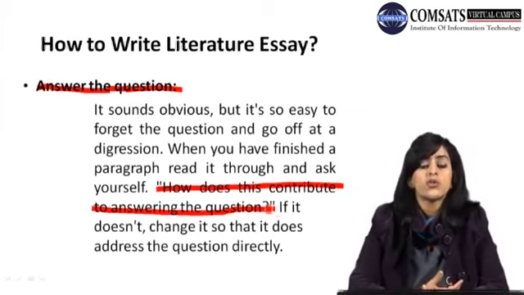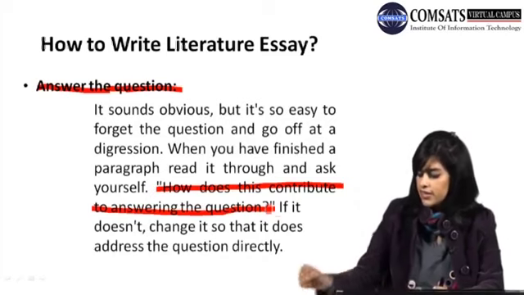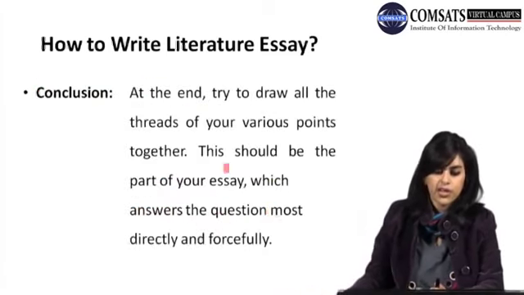If you are unable to explain how your paragraph supports or answers your question, then you are unsuccessful, and you should rewrite your paragraph, trying to prove the topic statement that you have mentioned in every paragraph that you are writing. So this is another technique of writing a literature essay.